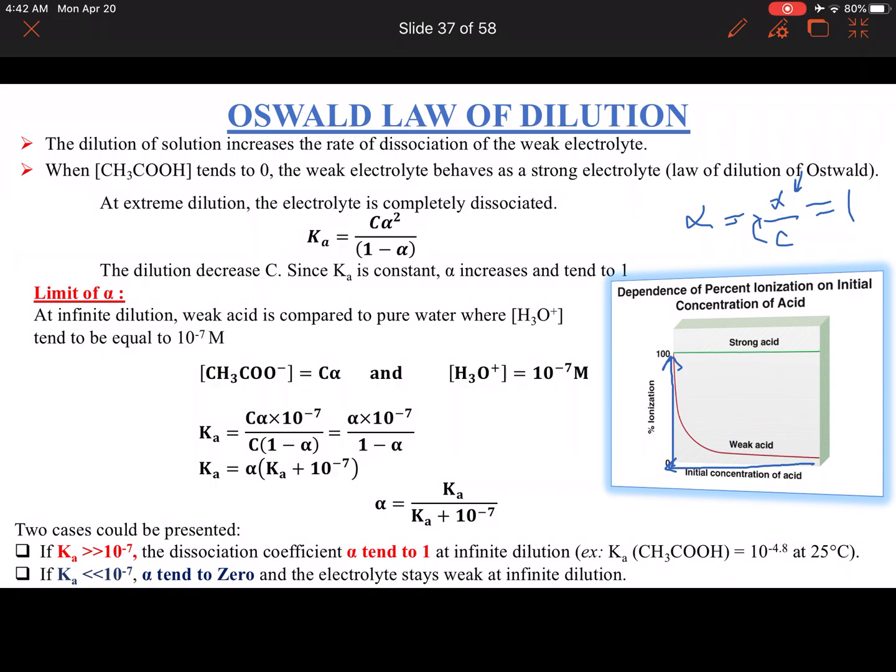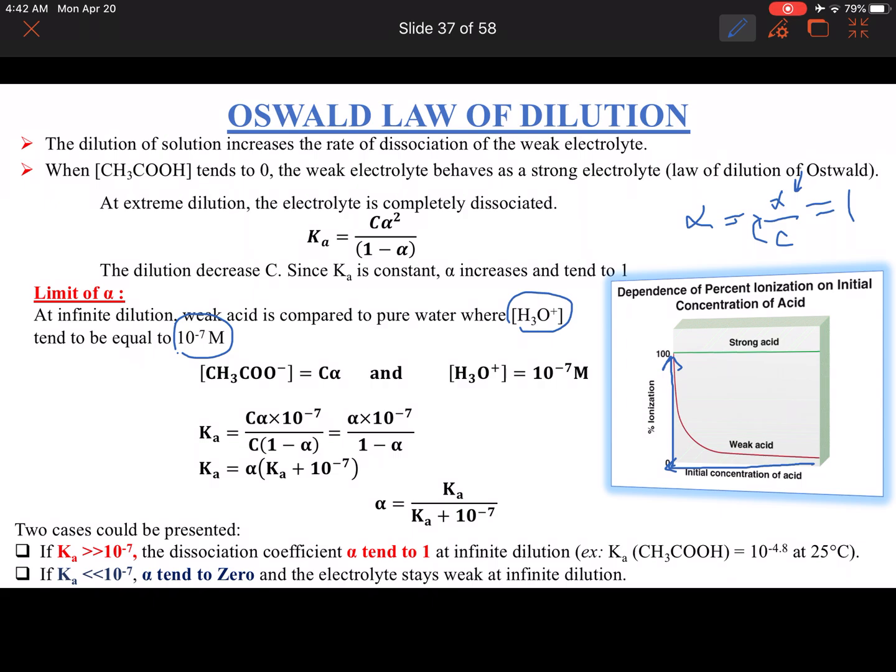Does the acid always dissociate? There's a derivation for you. I'm not going to go through it. It's in your textbook. All that it's really saying is it's putting alpha in terms of Ka, and we're putting water with an H3O plus at a concentration of 10 to the minus 7.